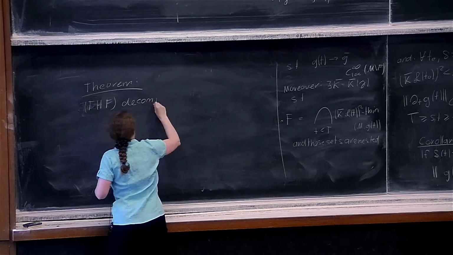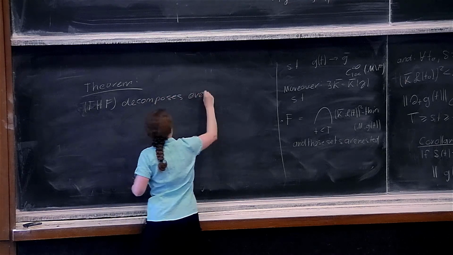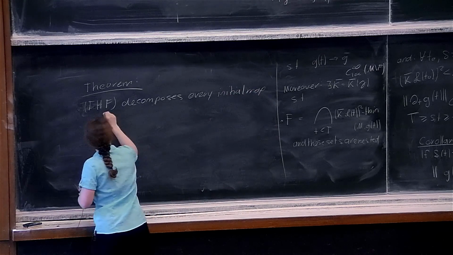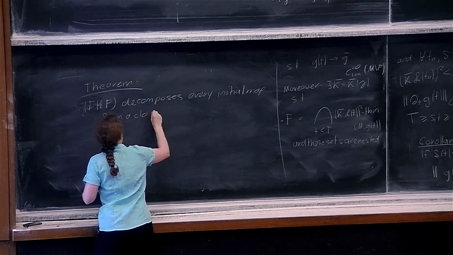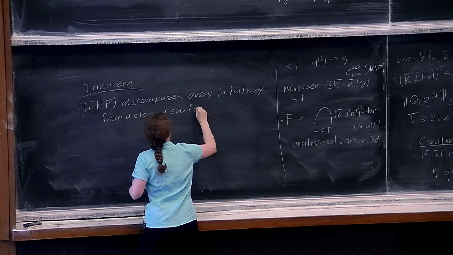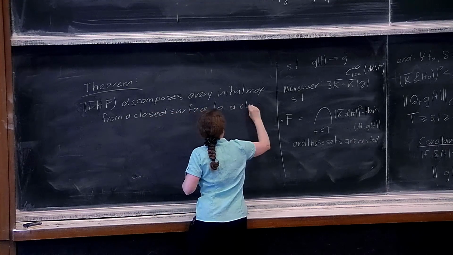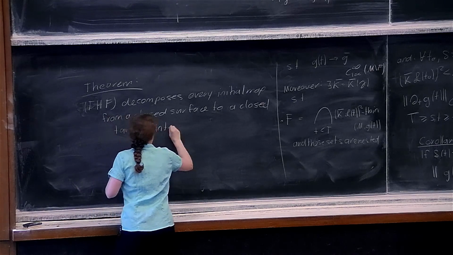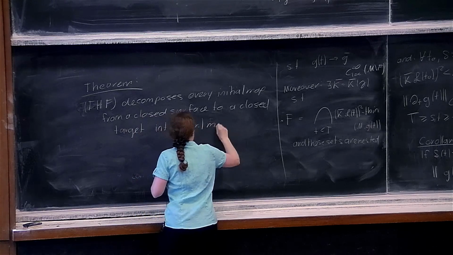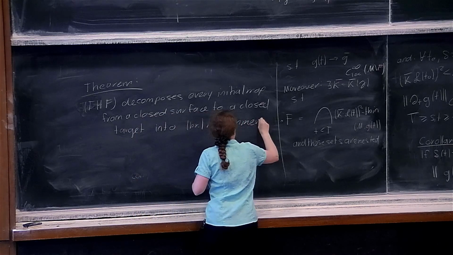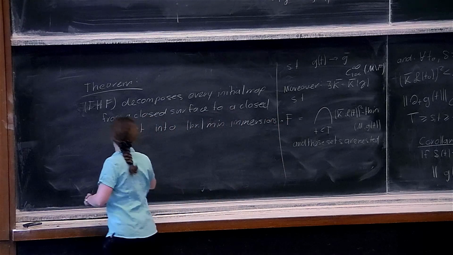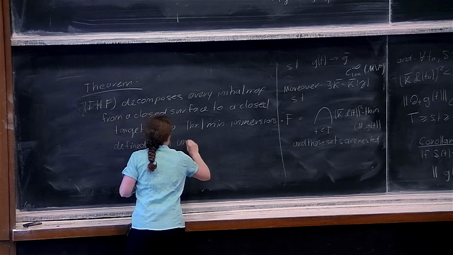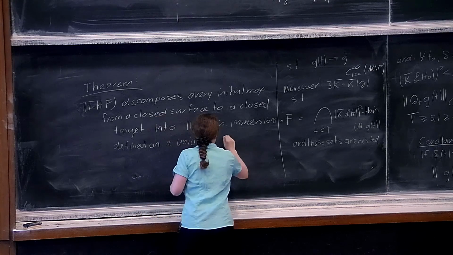So what we can say in total is that Teichmüller harmonic map flow decomposes every initial map from a closed surface to a closed target into branched minimal immersions that are in general defined on a union of surfaces.